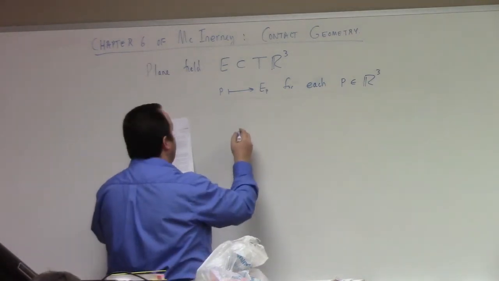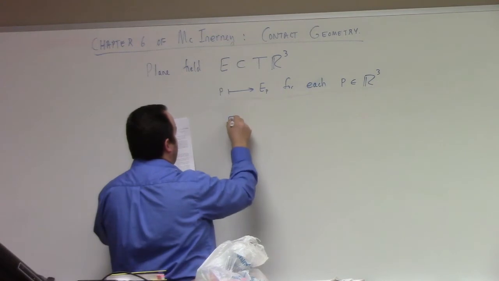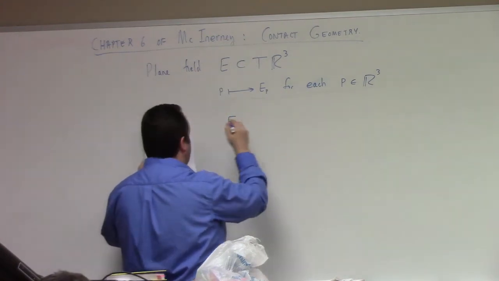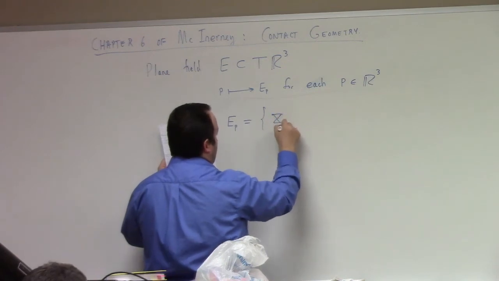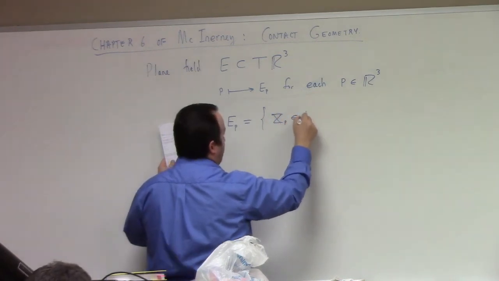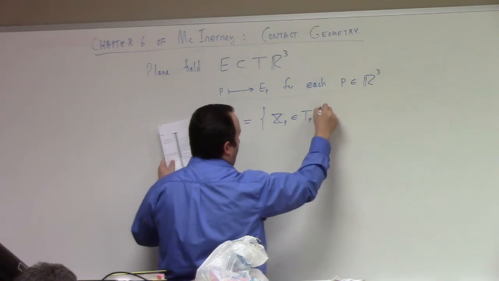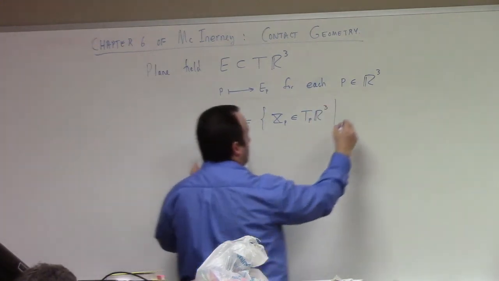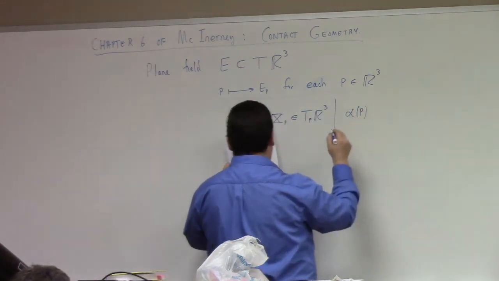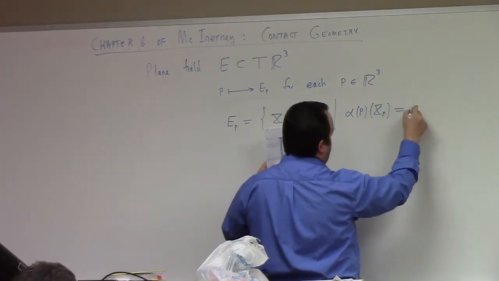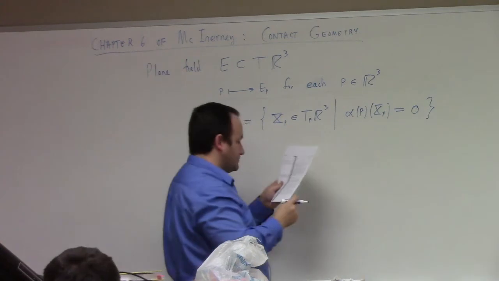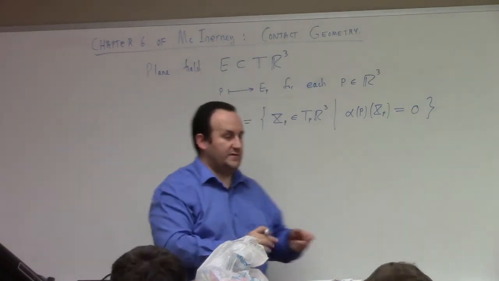But E_p, you could also look at as follows. You could look at E_p as being the set of x_p in the tangent space at p of R3 such that alpha_p of x_p equals 0.